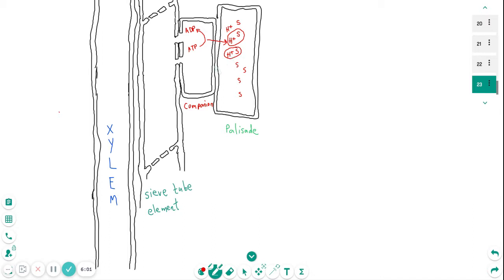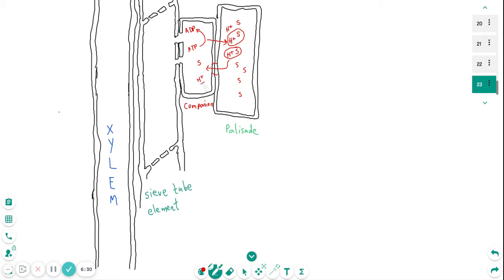So it's the protein's tertiary structure that has been slightly altered with the presence of the hydrogen ion, and now it can enter. And this is just diffusion now. There's no active transport needed here, but it's not simple diffusion. This is a facilitated diffusion or co-transport. As soon as the hydrogen ion and the sucrose enter, they separate from each other. So they're separate again.